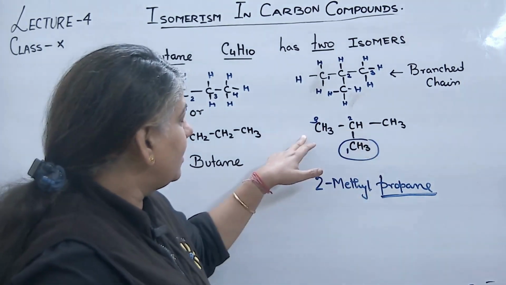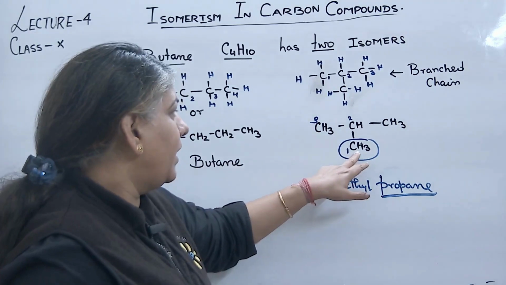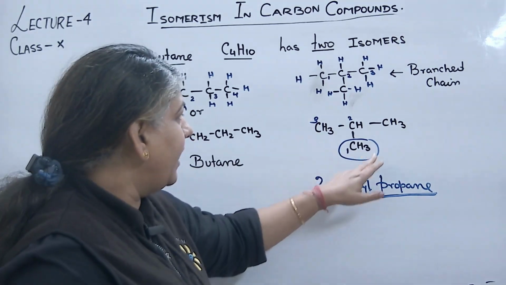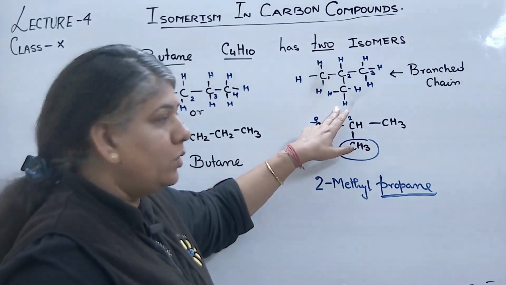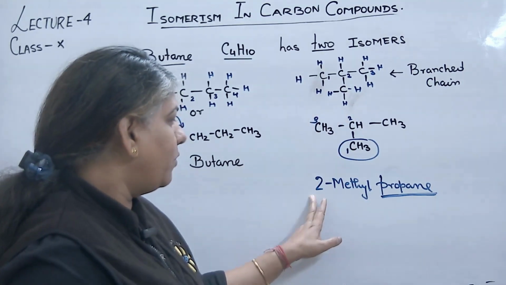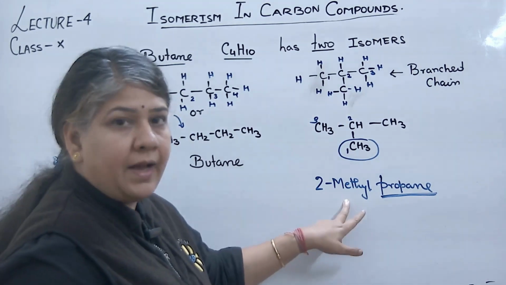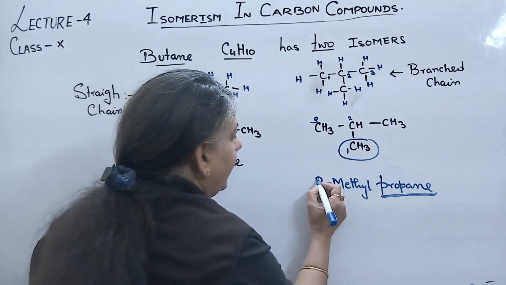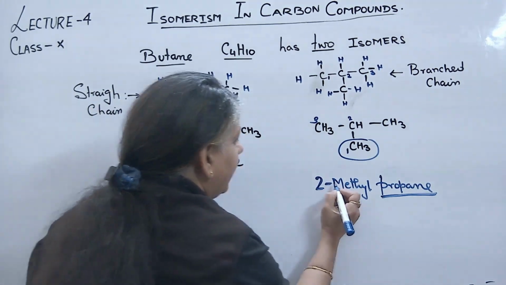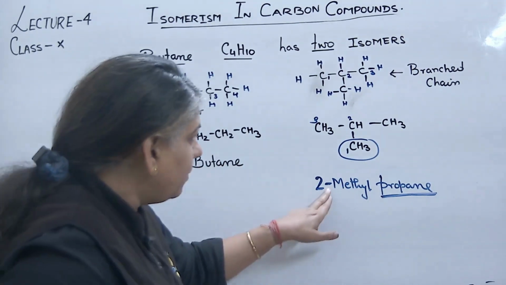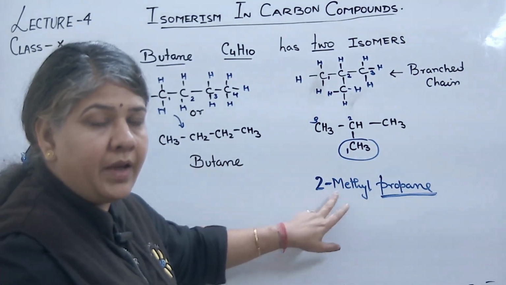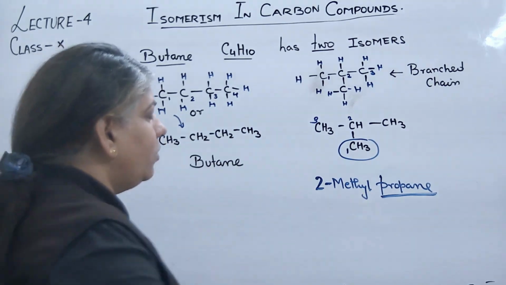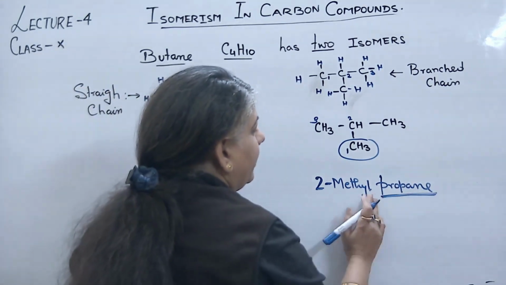And in this straight chain, we are getting one methyl group at carbon number 2. So that will be mentioned before: 2-methyl propane. And one thing you must note, that after the number there should be a dash. So the dash will be in between the number and the alphabet, and there should be no gap while you write the name.